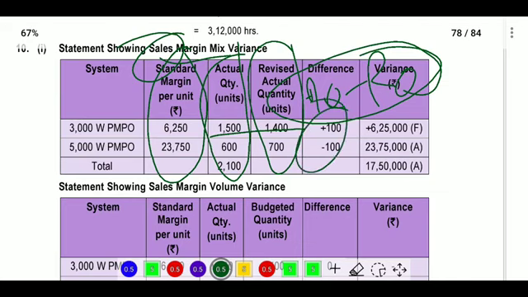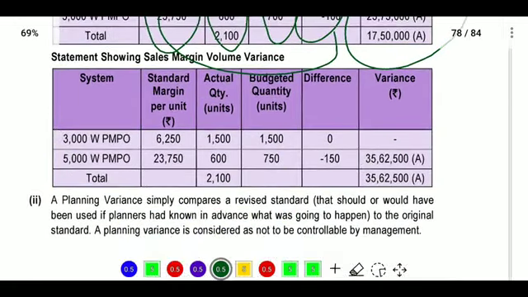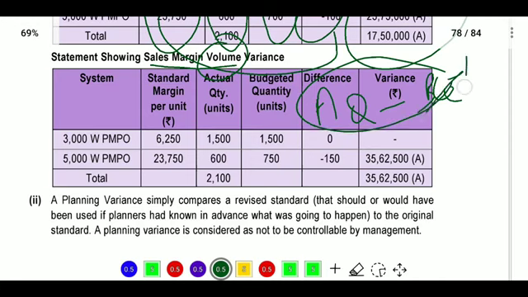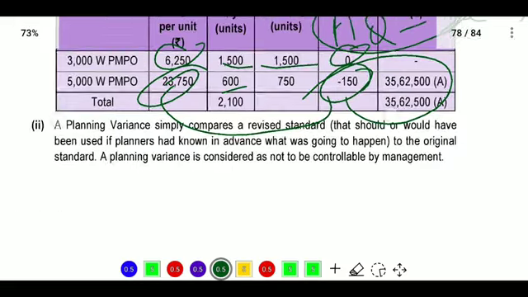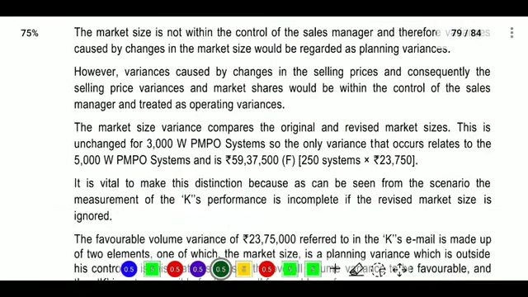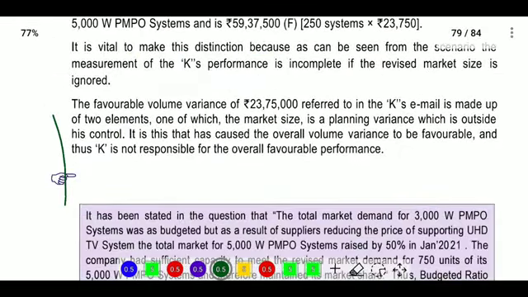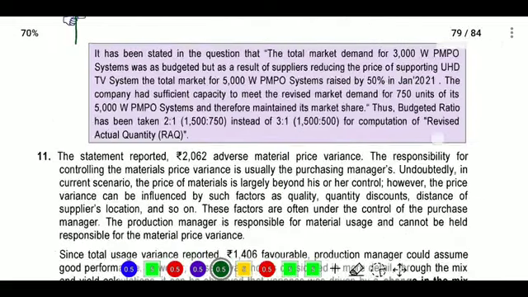So we will get a positive case and a negative case, into the margin, which is the margin mix. For sales margin value, we take the actual quantity minus the budgeted quantity into the margin. So this will become 1500, it will become 0, and 150 minus 150 into 23,750, we will get the answer. We will write the same as points, and I will take it in the next video.